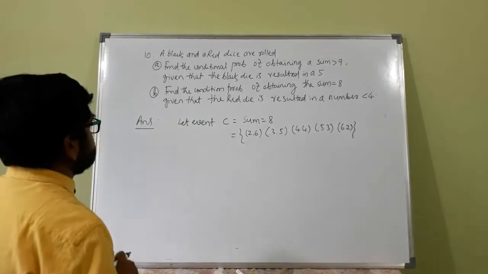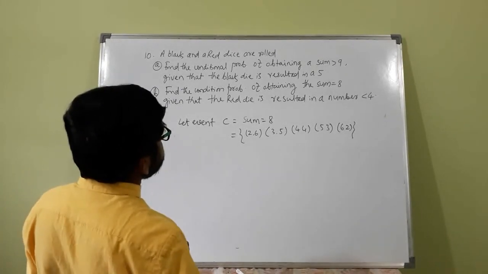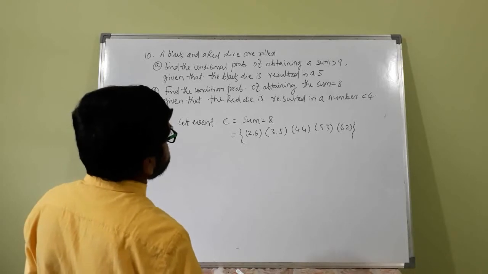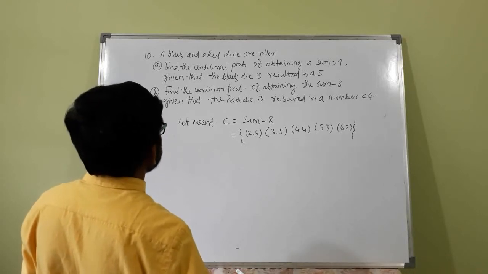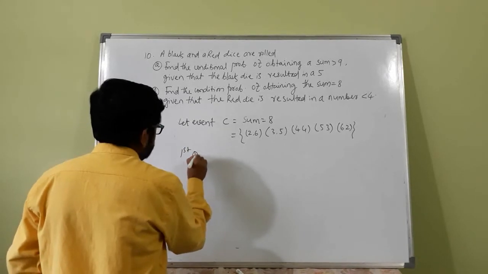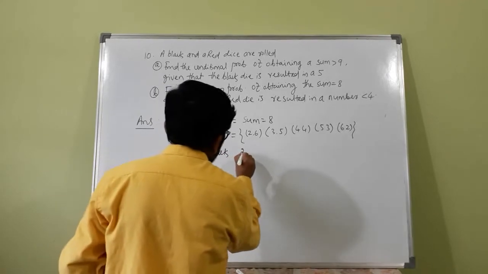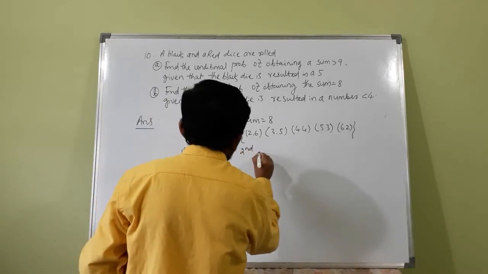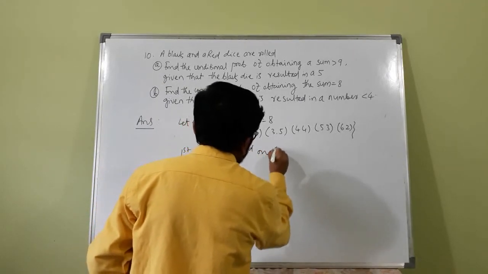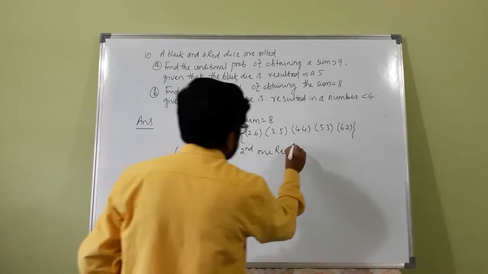Okay, now the second condition is that the red die is less than 4. Suppose first one is black, second one is red.